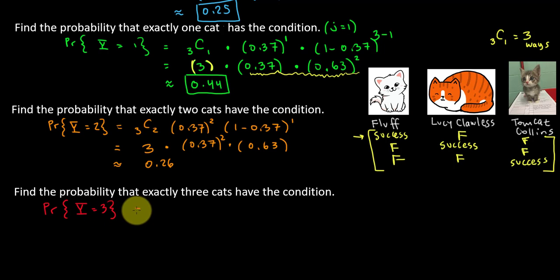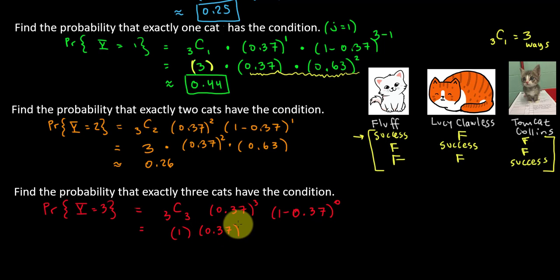Finally, the probability that all 3 cats have the condition: 3 choose 3, 0.37 cubed, and then this next quantity 1 minus 0.37 will be to the 0th power. So this is a 1 times 0.37 cubed times a 1.